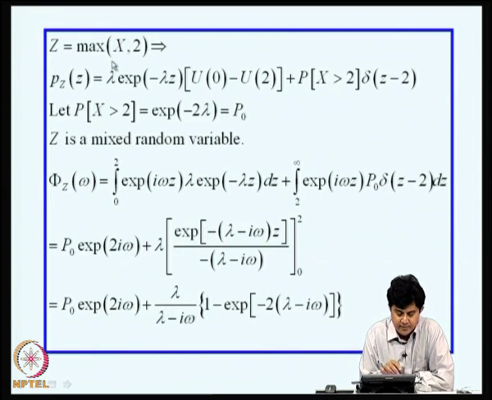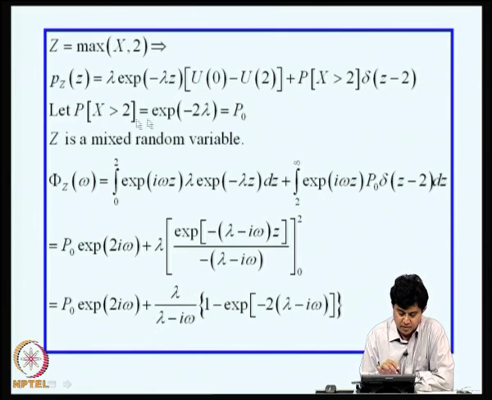Z is the maximum of x comma 2, which implies that Pz of z, from x equal to 0 to 2, follows the exponential distribution. So, it is lambda exponential minus lambda z, times u of 0 minus u of 2, where u is the step function, plus a Dirac delta function centered at z equal to 2 with weight equal to the probability of x greater than or equal to 2.